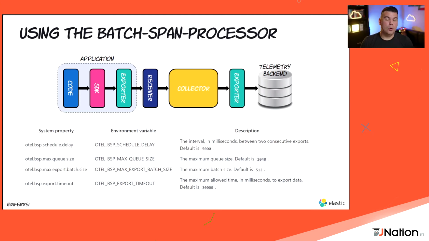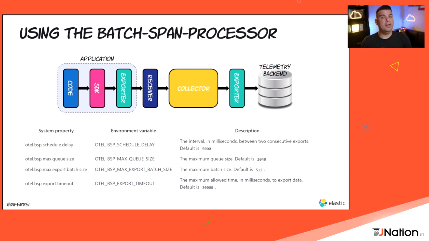In order for a span to end up in the observability platform or someplace else, it has to be processed. So there's this concept of a span processor. By default, there's a bunch of span processors available out there. Some of them are not part of the OpenTelemetry project, but the defaults from the OpenTelemetry project are the simple span processor and the batch span processor.